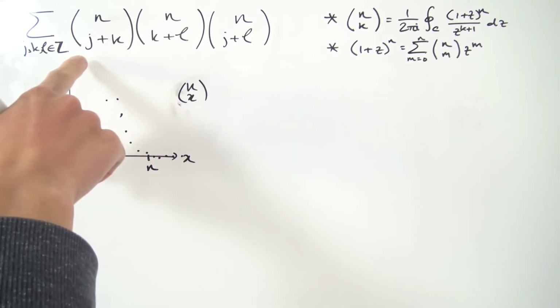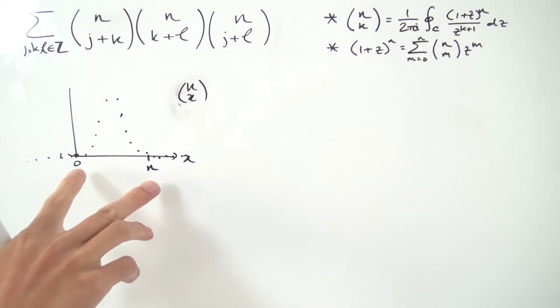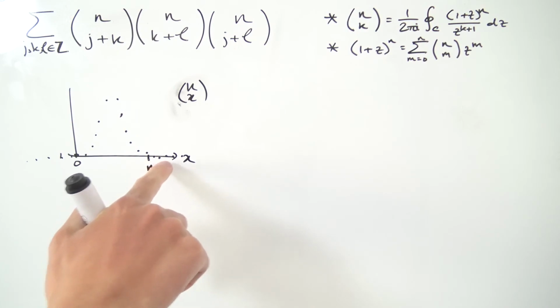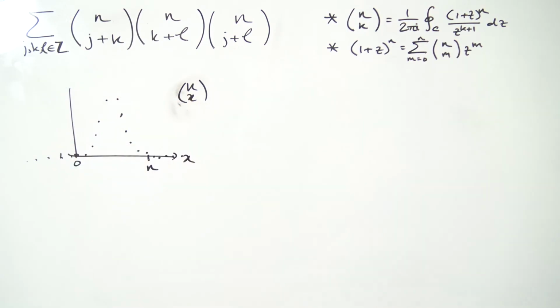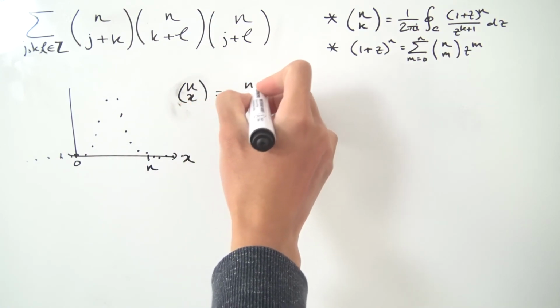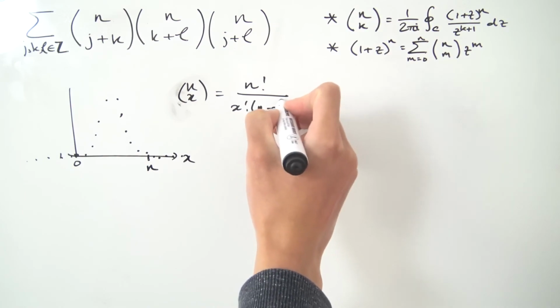It could be negative as well, in which case it would still be 0, and if it's after n, it would be 0 as well. So even though you're summing over infinitely many terms, only finitely many of them are going to be non-zero. And the reason why everything is 0 at all the integers greater than n or less than 0 is because of the gamma function. If you expand this out, this is n factorial over x factorial times (n minus x) factorial.